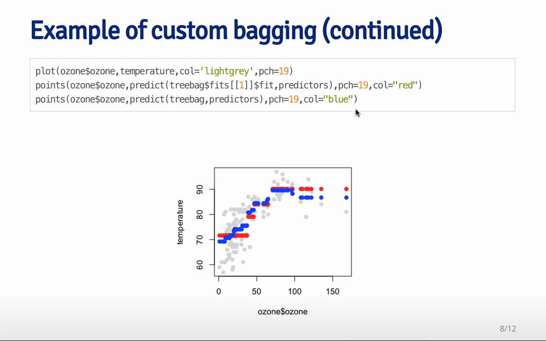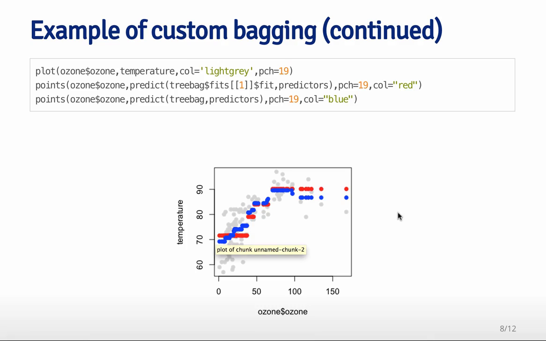You can see that if you look at this custom bagged version of the conditional regression trees, it gets some of the benefit that I was showing you in the previous slide with bagged loess. So the idea here is I'm plotting ozone again on the x-axis versus temperature on the y-axis. The little gray dots represent actual observed values. The red dots represent the fit from a single conditional regression tree.